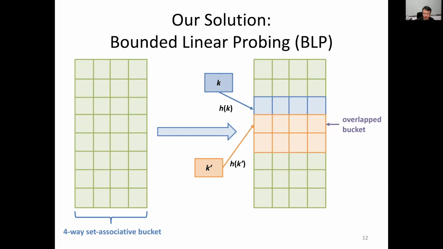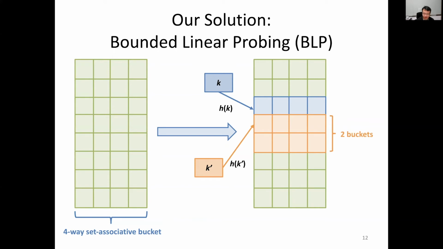So intuitively, this overlapping gives us the ability to kick keys around and make room for keys, right? If there is one particular bucket that has many keys mapped to it, we can kick it to the next bucket. And then if the next bucket is also full, we can kick them to their next bucket, and so on and so forth.